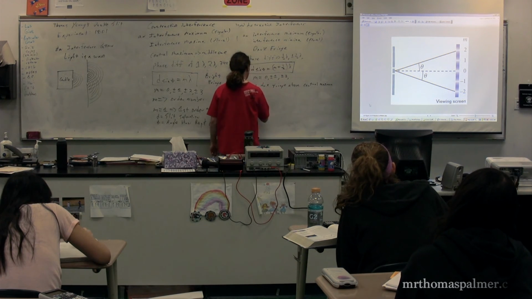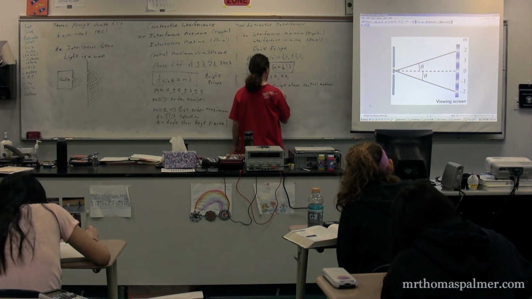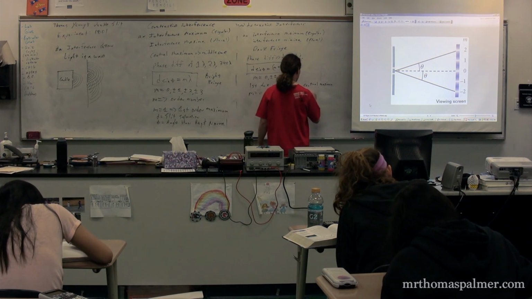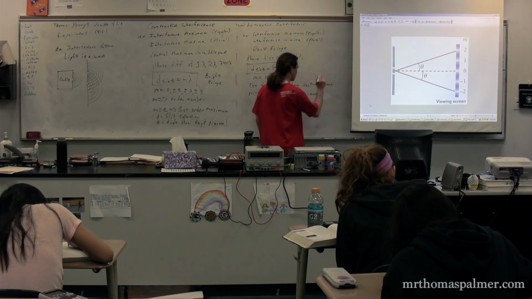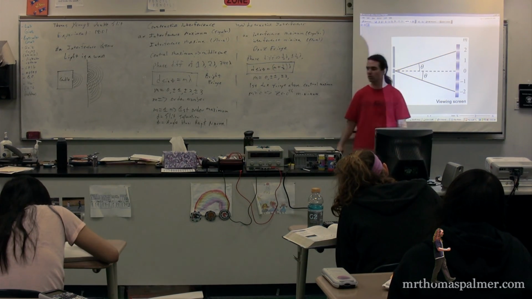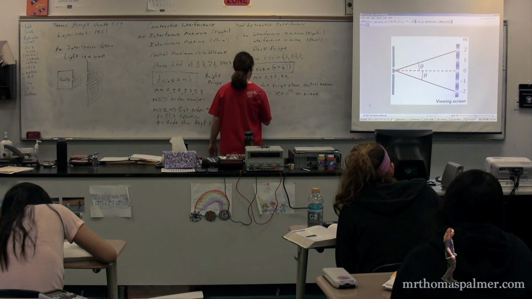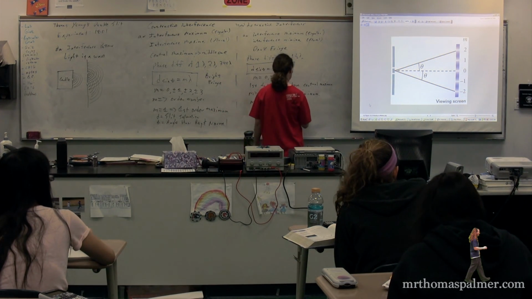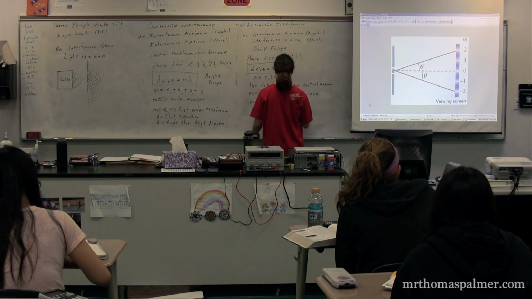Is where m equals 0, and it's called the 0th minimum. And then the first past the 0th order would be called m equals 1. That would be the first minimum, the first order minimum.